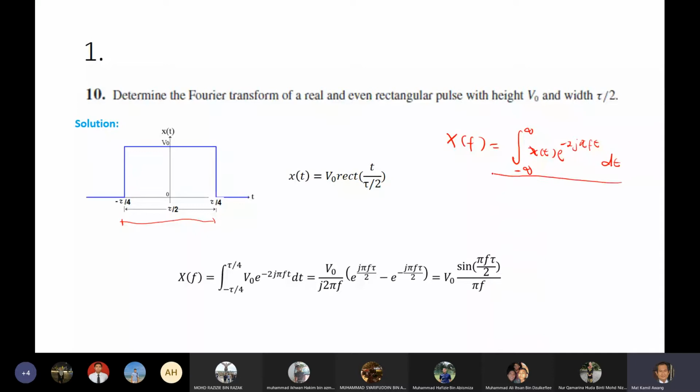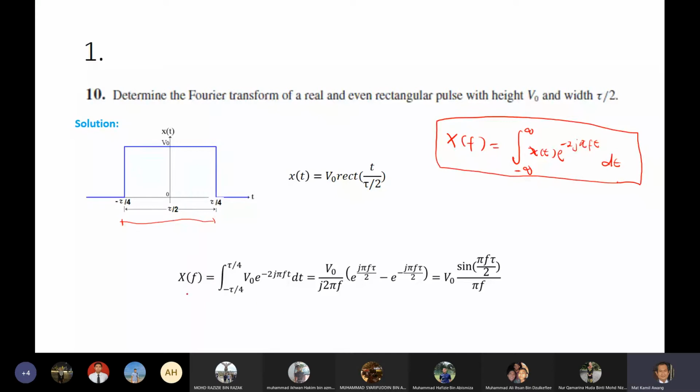This is the general form for the Fourier transform. Remember? Yes, sir. So now, what is x of t? In this case, x of t is V0 from minus tau over 4 up to tau over 4.